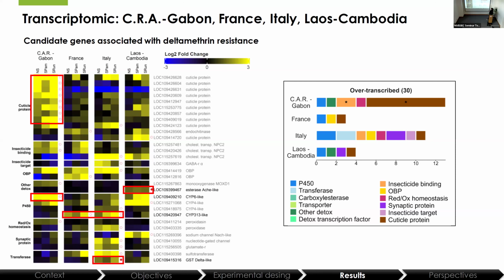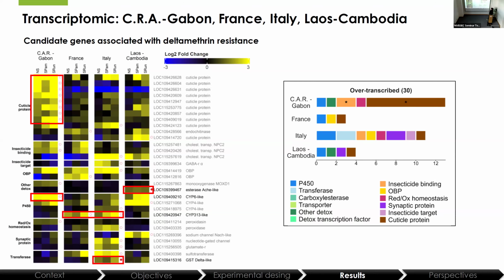In France and Italy, the candidate genes belong to different candidate families. And we have one CYP6 gene in common between the two regions. And this is probably not a false positive because it's present in two geographically close regions.